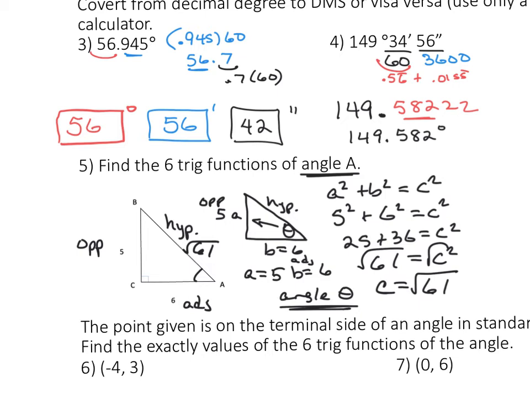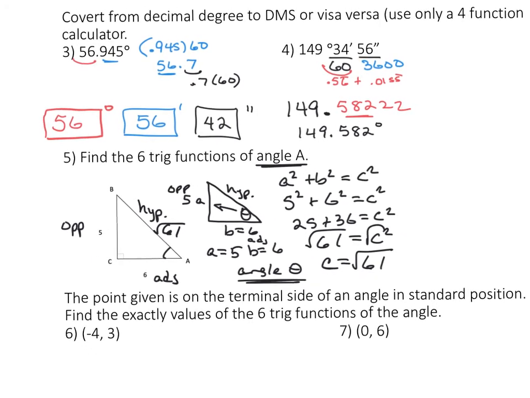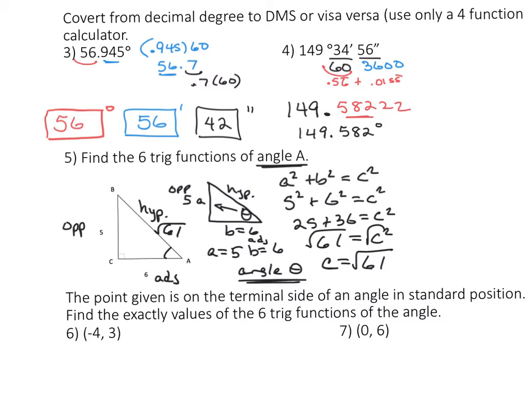Now that I have all 3 sides and I've identified which one is opposite, adjacent, and hypotenuse, now I can put them into the trig functions. So over here, we're going to do sine of A, or it could be sine of theta, depending on your quiz.